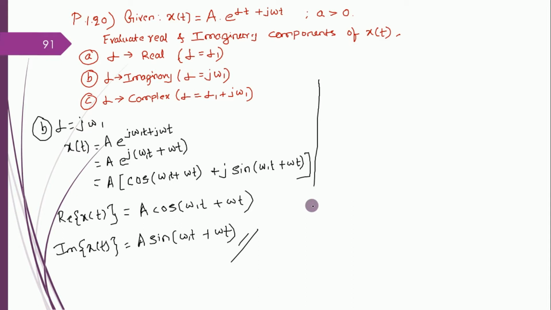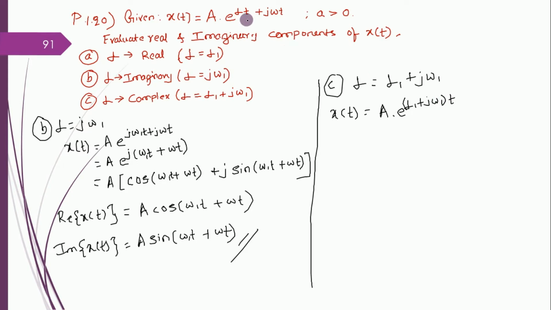Now the last thing is C. I'll utilize the space left. Alpha being a complex value, this is what you need to substitute. Let me take the given signal: A into e raised to, in place of alpha, I am writing alpha 1 plus j omega 1, t, plus j omega t.